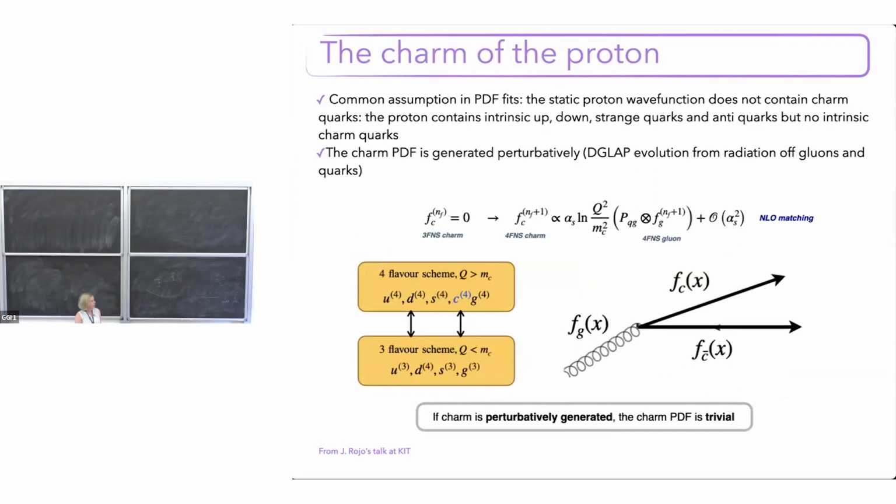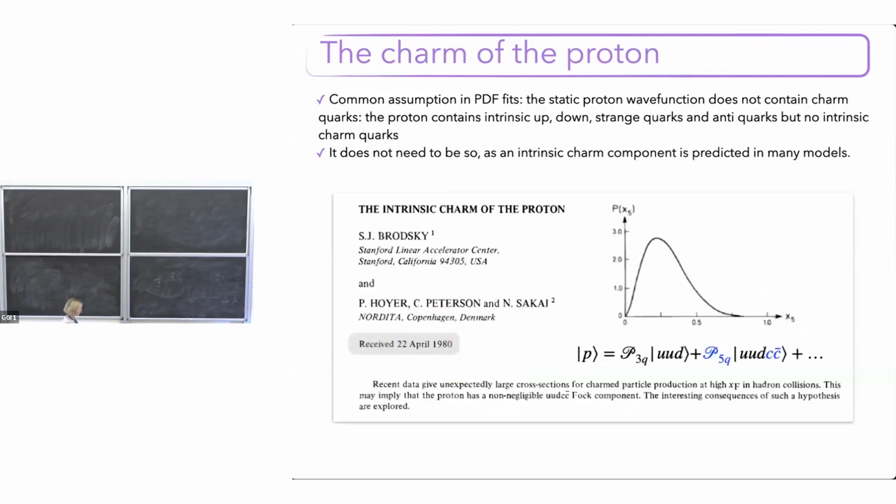The gluon evolves, and when it reaches a threshold, of the order of the charm mass, it splits into charm, anti-charm. So the charm distribution is always totally correlated with the gluon distribution. If the charm is perturbatively generated, the charm PDF is trivial.